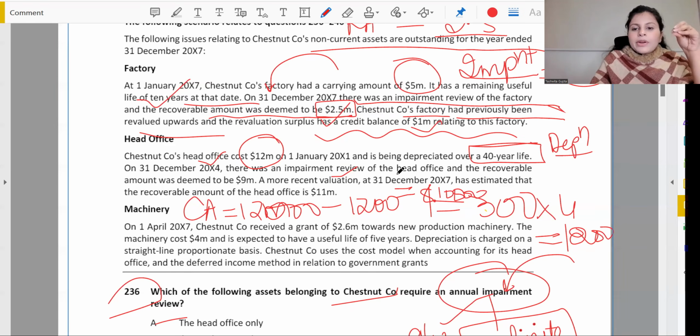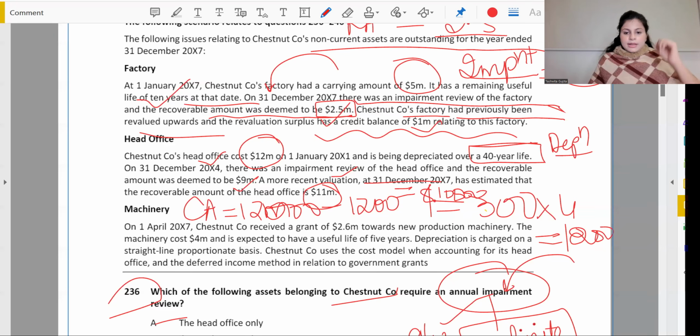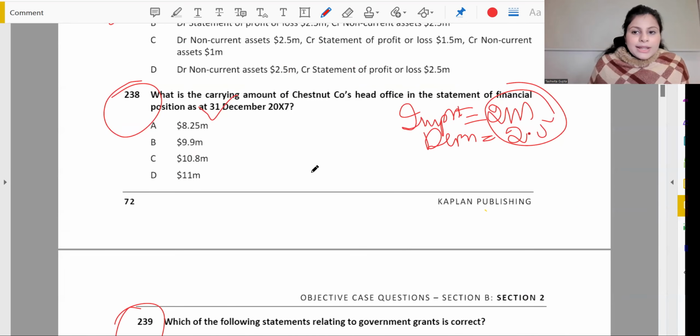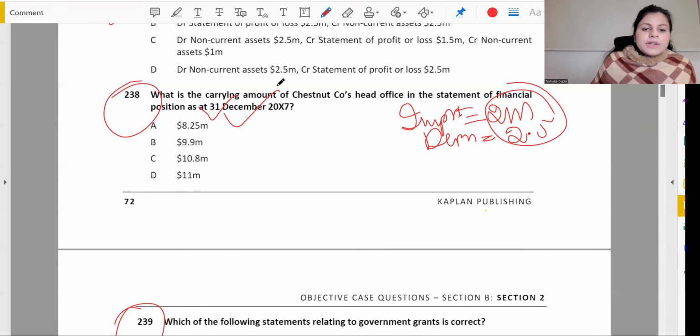Then they're saying an impairment review was conducted and the recoverable amount is 9 million. And a more recent valuation at 31st December has estimated that the recoverable amount would be 11 million. What I need to take into account? They are asking me in the question, what is the carrying amount on 31st December?